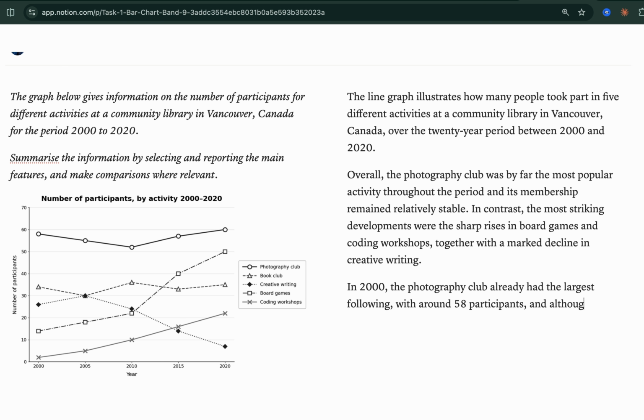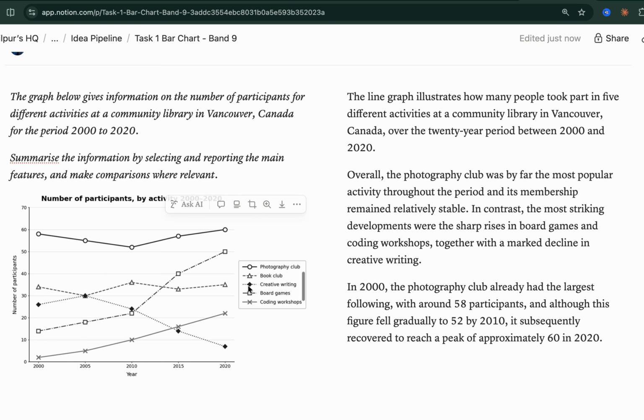And although this figure fell gradually to 52 by 2010, it subsequently recovered to reach a peak of approximately 60 in 2020.